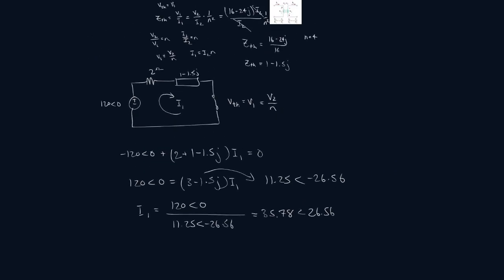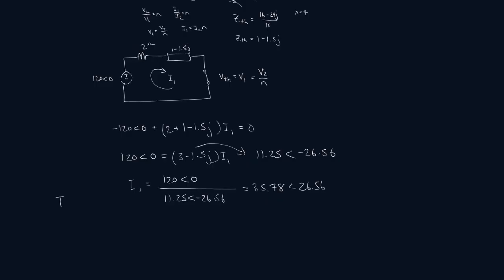We can use that to find I2 because we know I1 over I2 is equal to N. But before we use that formula, we have to check this list. Which part on this list matches this portion of the circuit. So we see I1 is moving into here and I2 is leaving.